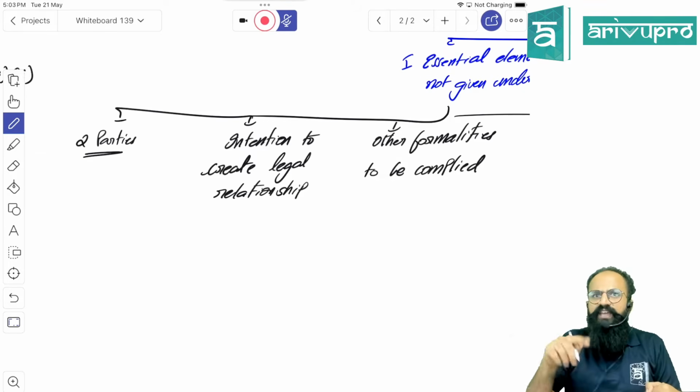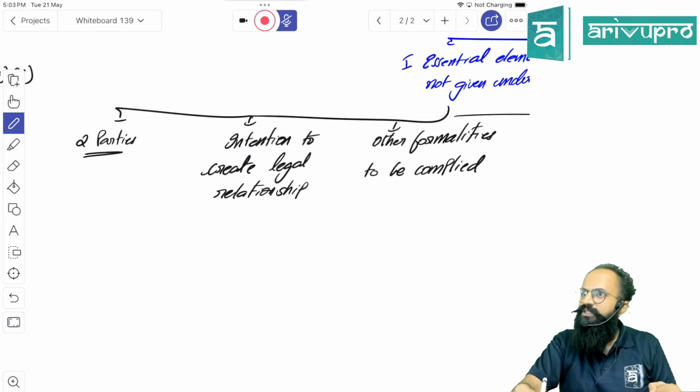Can these two parties be a company, or should it be only individuals? What do you think? It can be a company also.